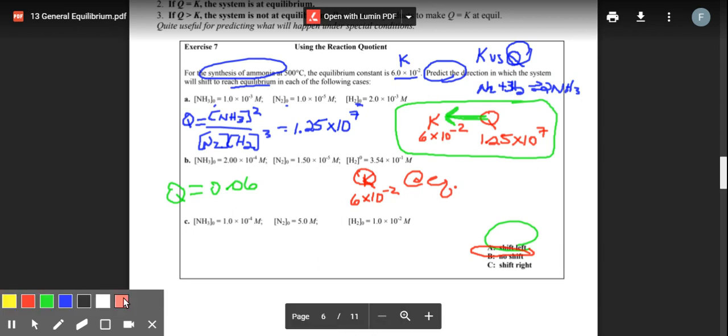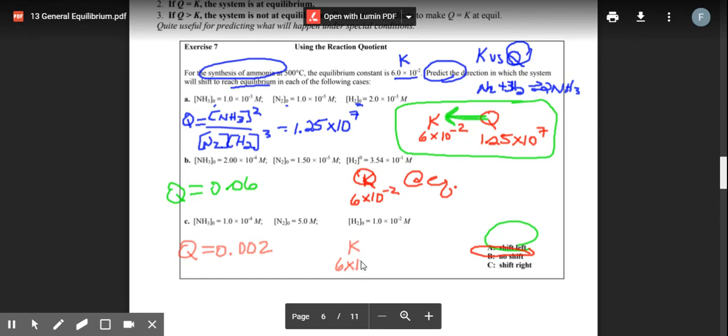Let's do part C together as well. So I'm going to use pink for this one. When I solve for my Q value, I end up getting 0.002. And all I did is plug these values into my expression there. So my K value is 6 times 10 to the negative 2, and my Q value is 2 times 10 to the negative 3. So where is that in relation to K?